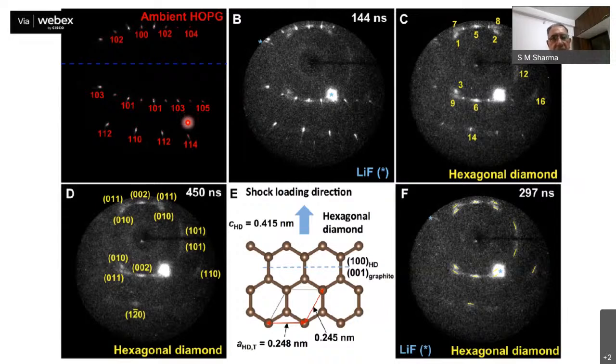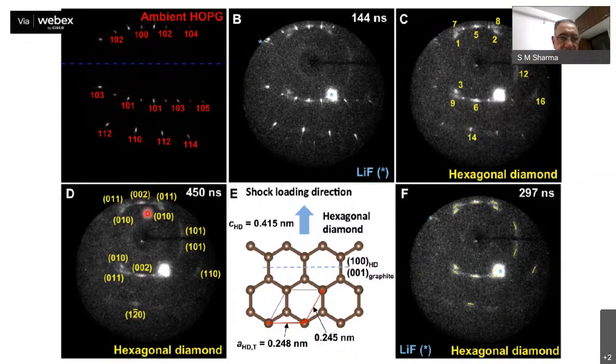When this material is shocked, after about 100 nanoseconds or so, you can still see those sharp spots, and the material is not yet fully transformed. But at a later time, almost 290 nanoseconds, it has really transformed into a phase which, from the spot indexing, is a hexagonal diamond phase.